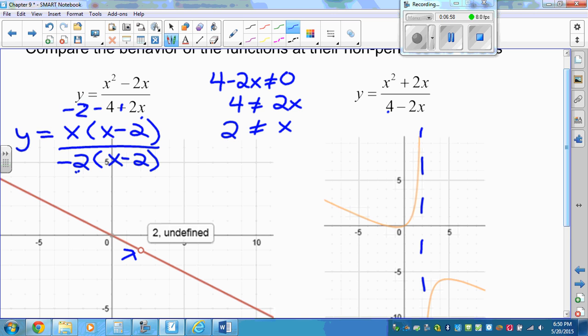So that's why I got my x minus 2. Okay. So notice that these two shared a common factor. They both had that x minus 2, and it resulted in a discontinuity.